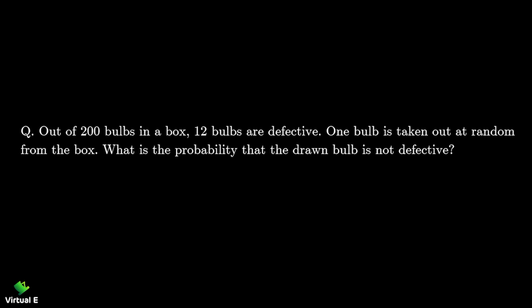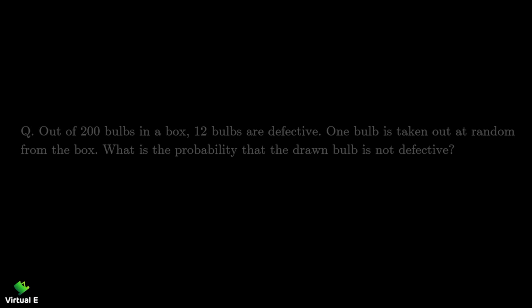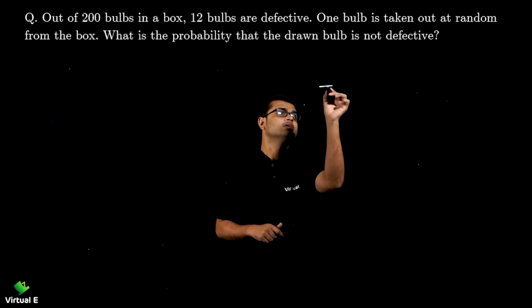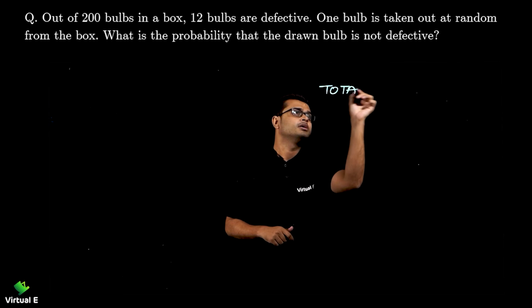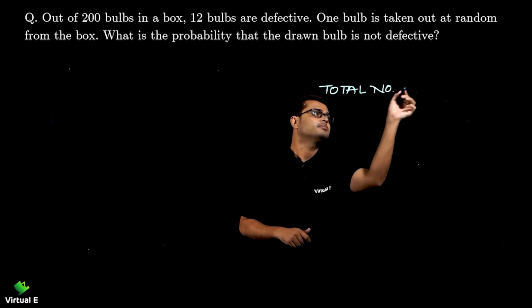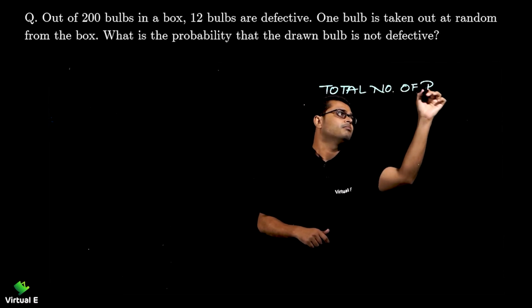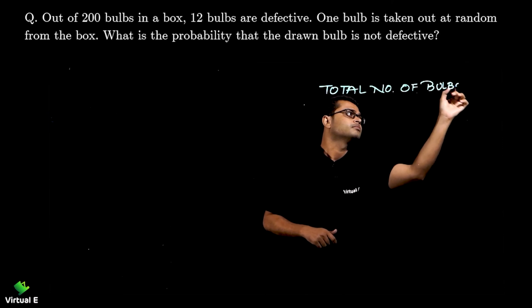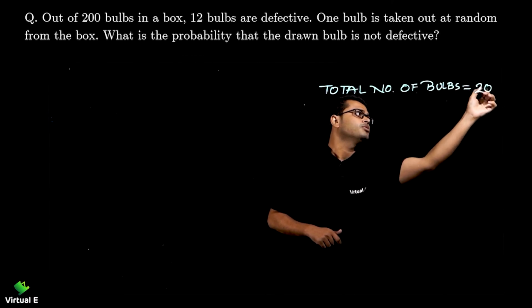Out of 200 bulbs in a box. Okay, so it is given the total number of bulbs. How many are there? 200. Simple. In a box, 12 bulbs are defective. Let's write this information. Too much information. Total number of bulbs is equal to 200.